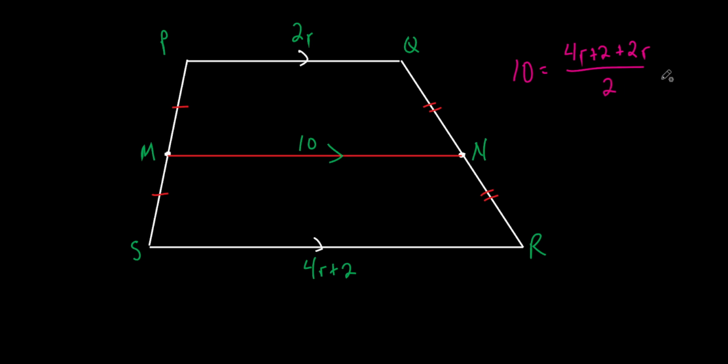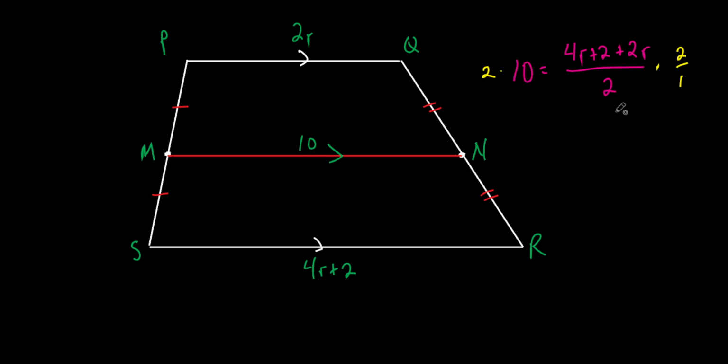We could do a couple things in one step. Let's get rid of the 2. How do I get rid of something that's being divided? Multiply. Let's do this in a different color. All right, so watch. I'm going to get rid of this 2 right here. How do I do that? I multiply by 2. Yeah?